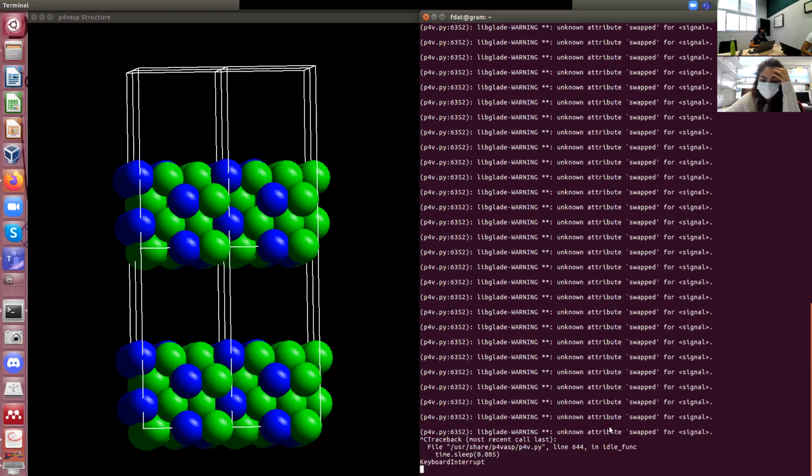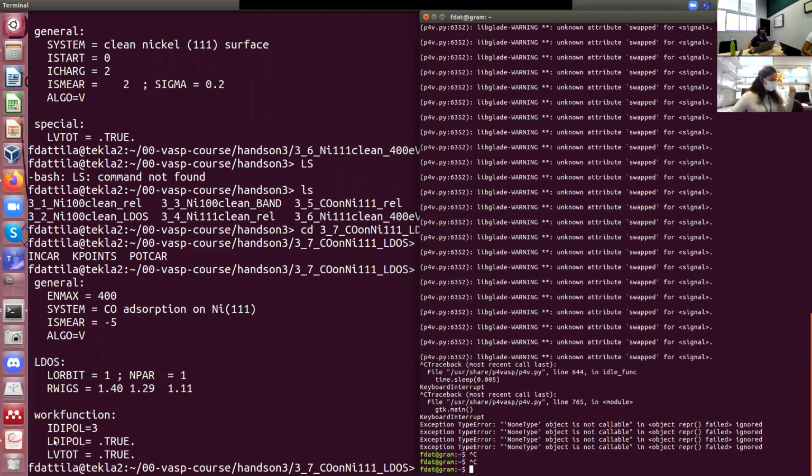So now if I close this, you see LDIPOL true, that means you will use this dipole, and IDIPOL 3 means that you go in the other direction. What does correct mean?